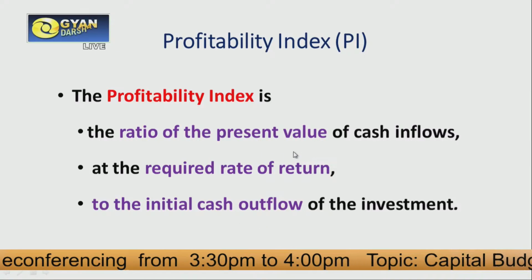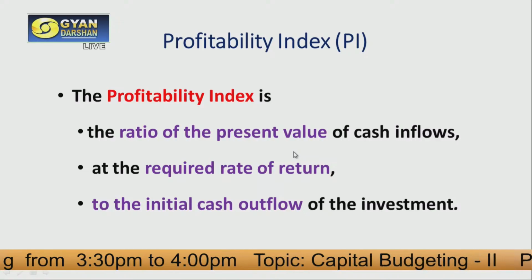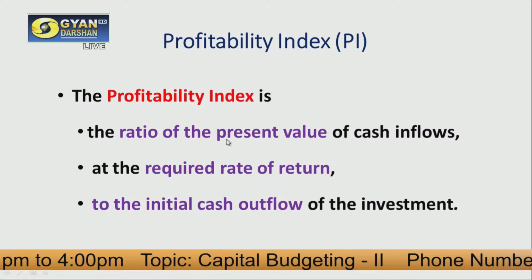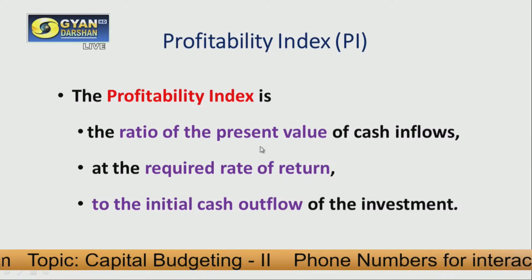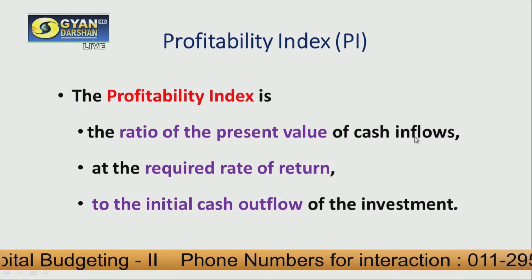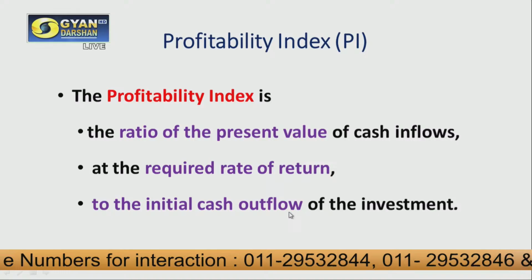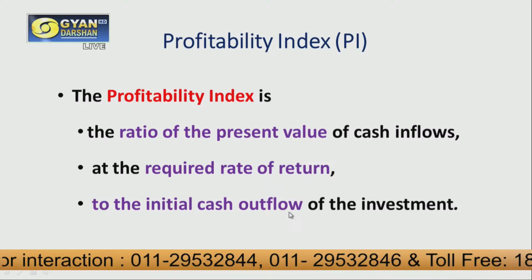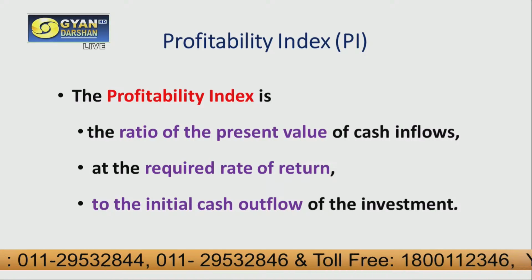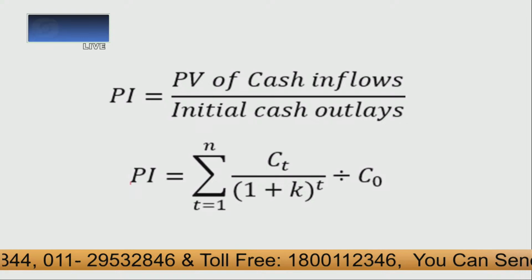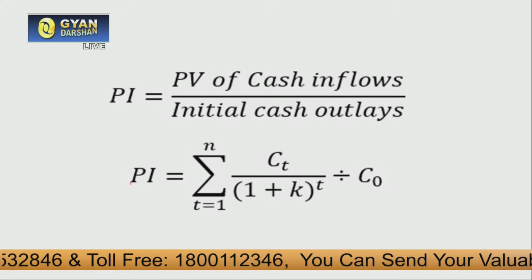But since this is the case in which we need to calculate a ratio, we divide the present value of cash inflow with the present value of cash outflow to get the ratio which is known as profitability index. This may be presented in the form of a formula like this.